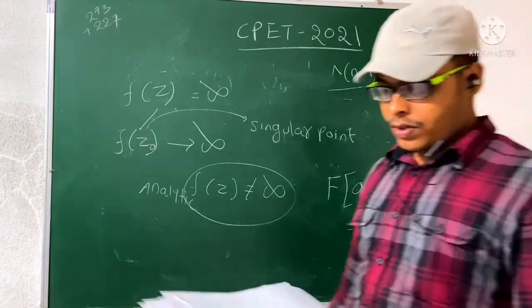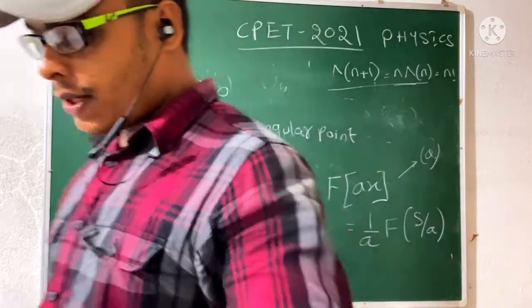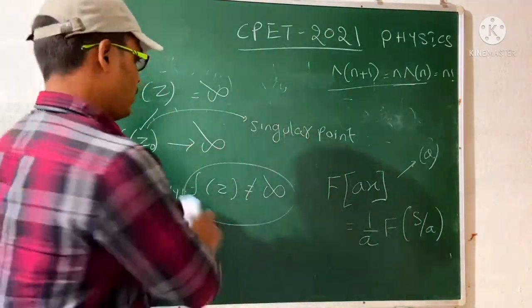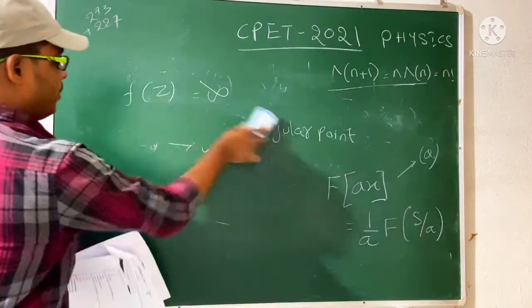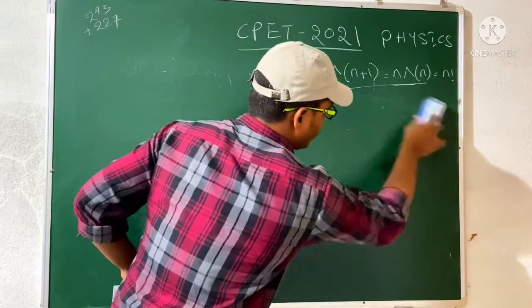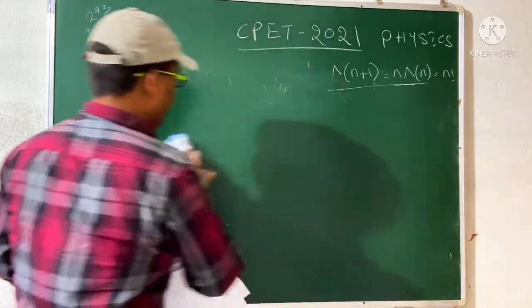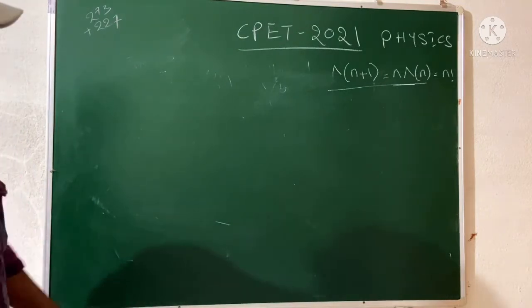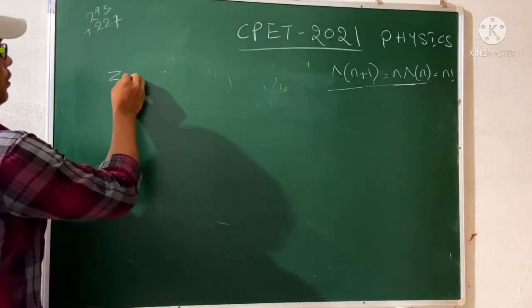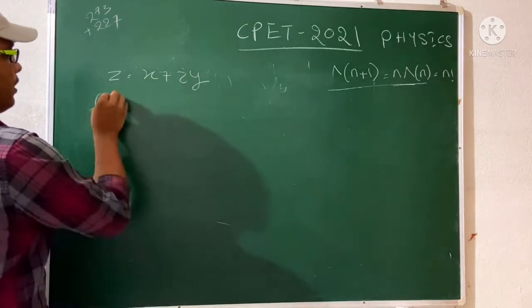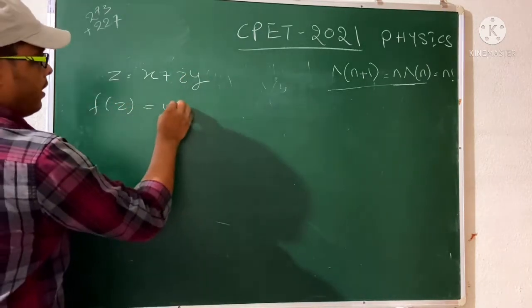Okay, so now is the function z square analytic or not analytic, or whatever, or nothing? So what is z square and when will it be analytic? This is another technique of analyticity: suppose z equals x plus iy and f of z equals u plus iv.